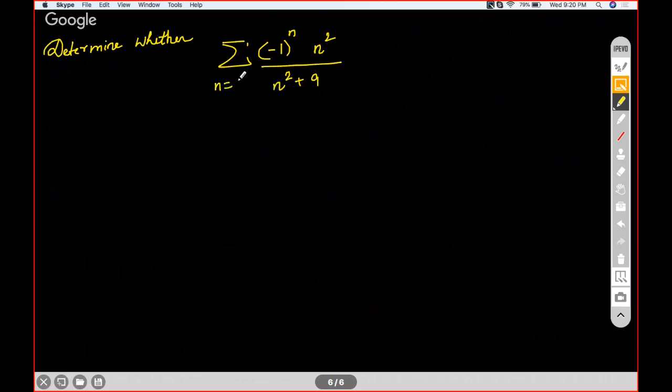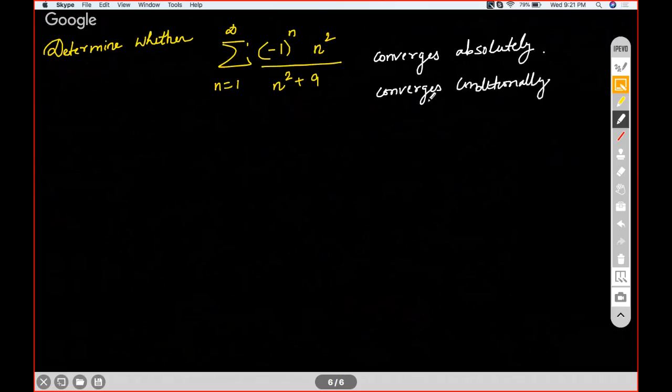Determine whether this particular series converges absolutely, or converges conditionally, or actually diverges.